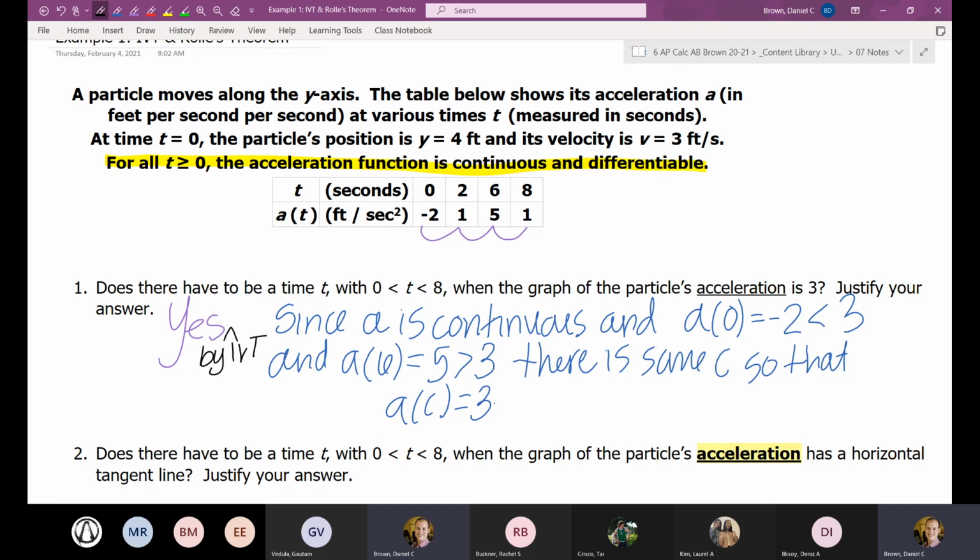So if you put by the MVT, but you just used the IVT, you just made a correct answer a wrong answer. So you don't have to name it by name. Sometimes it is better just to leave it off. And then the other thing you can make a little bit more clear, again, it wouldn't be required, but it was asking me to justify something between 0 and 8. And the values I used were from 0 to 6.